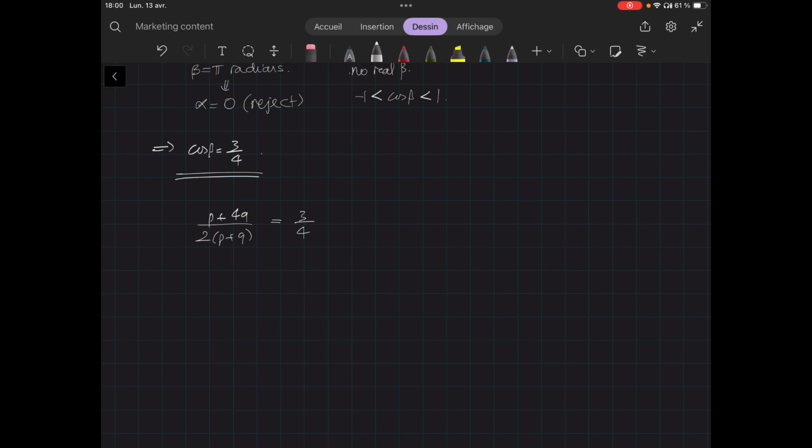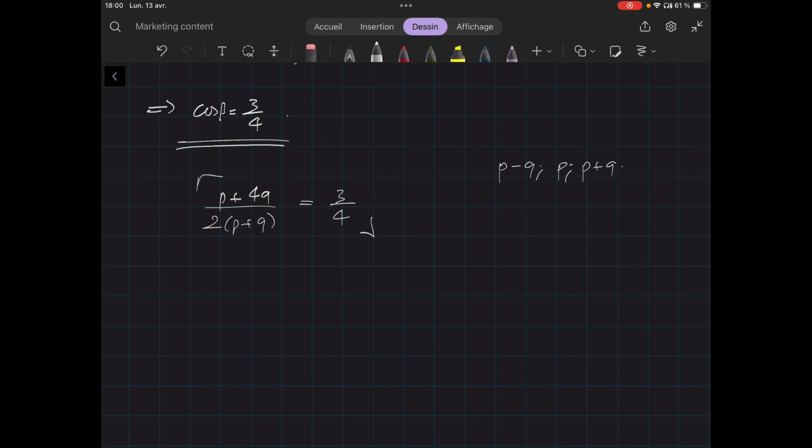Notice also that the sides were p minus q, p, and p plus q. This equation will give you the relationship between q and p. Find q in terms of p, plug it in, get the ratio. Simple as that. So let's solve this equation, shall we?